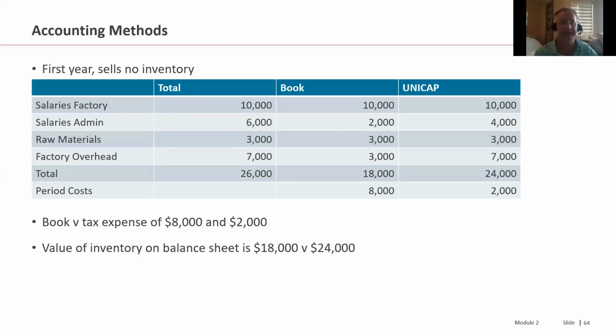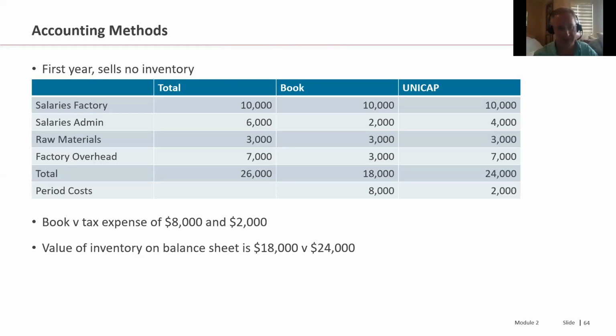Okay, so in the first year, let's assume this company sells no inventory. And if we look at their total overhead, they've got factory salaries, salary admin, raw materials, and factory overhead for a total product cost of $26,000. If I look at it for book purposes, I say, okay, all the factory goes into inventory.